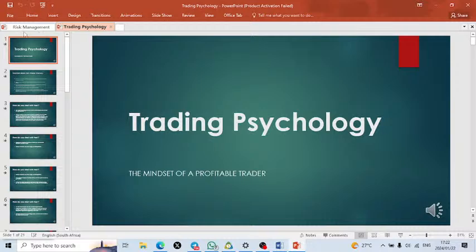This is the reason why people are losing in trading. It's not because of the strategy. It's not because of the manipulation. You're not losing because of manipulation. You're not losing because you have a bad strategy. People are constantly looking for strategies, which is wrong. The missing piece of the puzzle is trading psychology, the mindset. So we'll be talking about the mindset of a profitable trader.